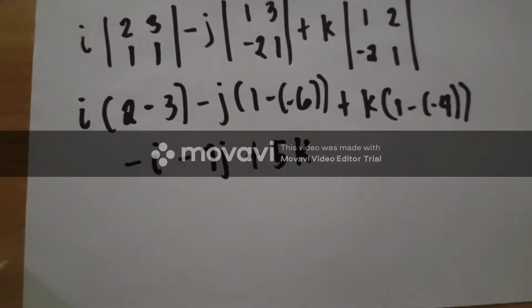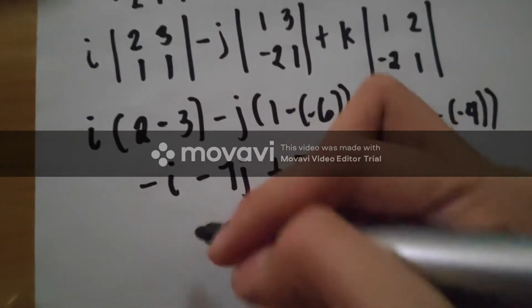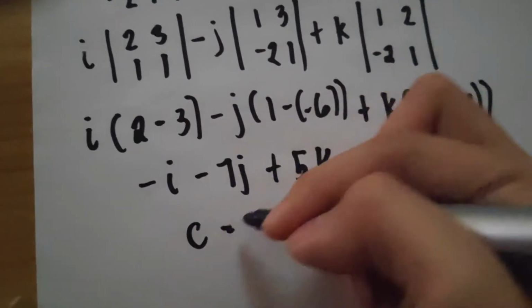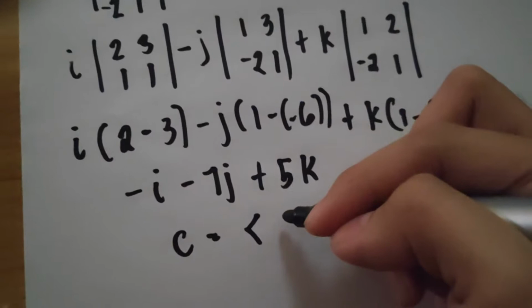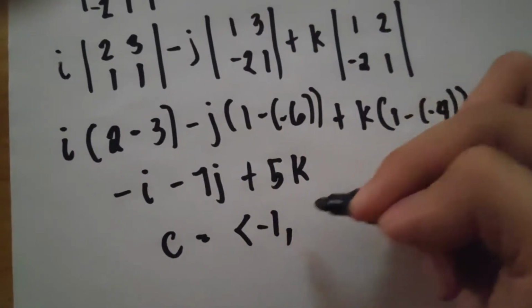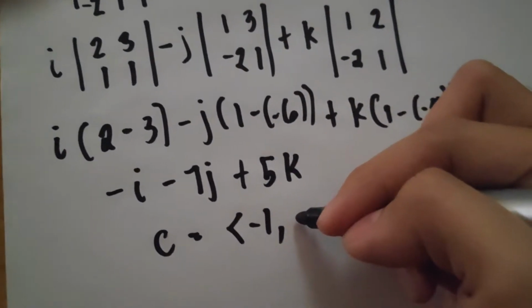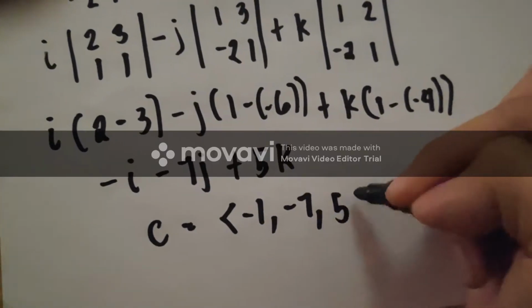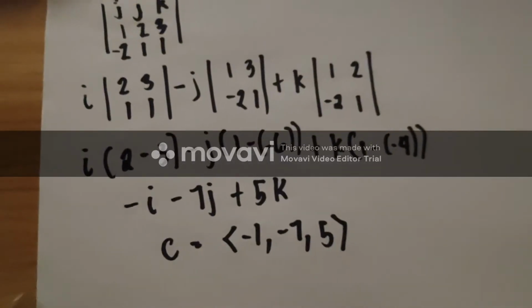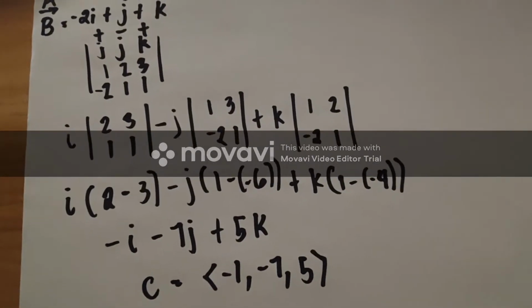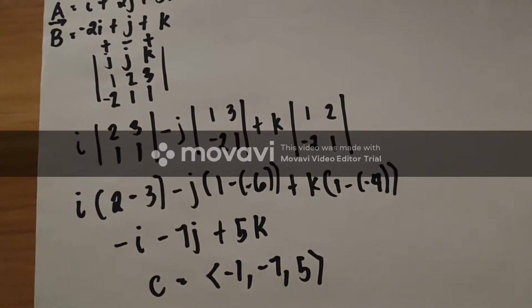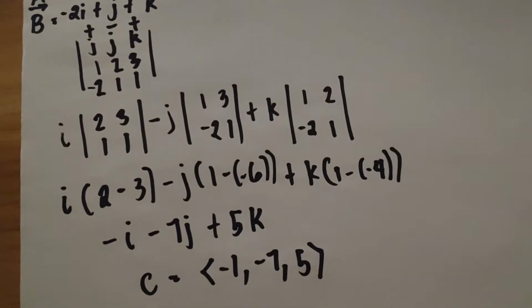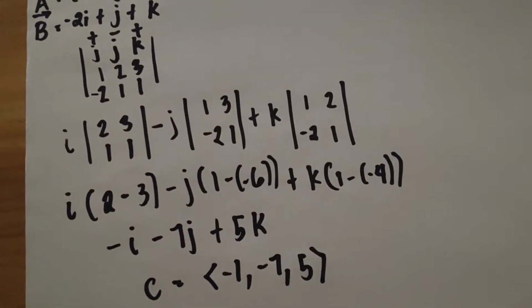So there, we simply have this value of the vector, which is negative 1, negative 7, and 5. So there we go. That's how we can solve the cross product by using the determinant method.